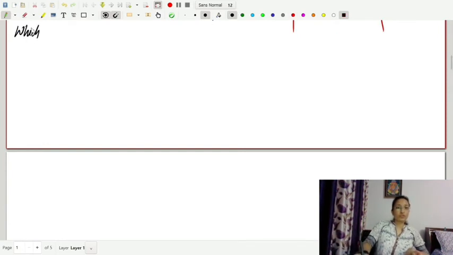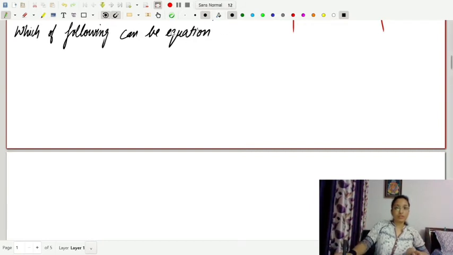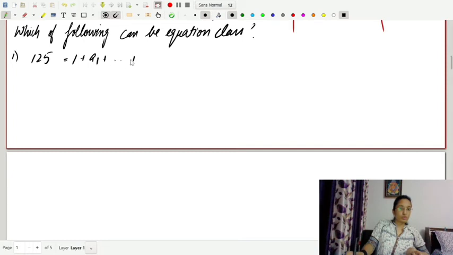Which of the following can be the class equation? First, 125 is equal to 1 plus a1 and so on plus ak such that all ai's are greater than 1 for all i.